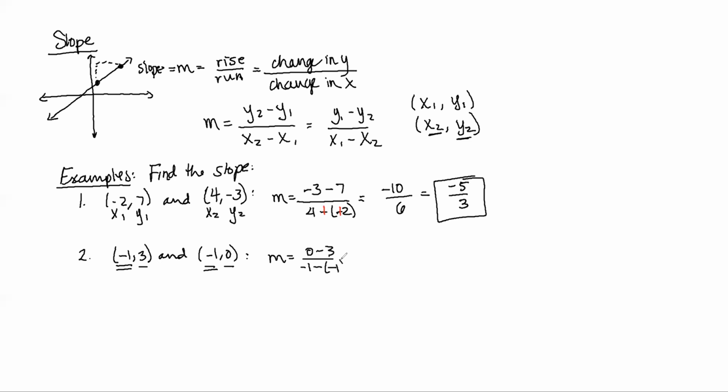So again, don't forget about that minus the negative. Now on top, 0 minus 3 is -3. And on the bottom, -1, add the opposite, plus 1 is going to give us 0.